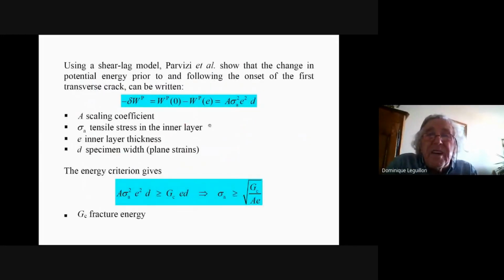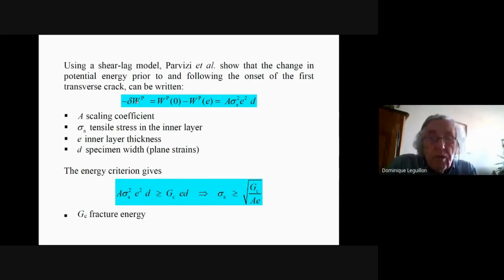To settle their energy model, Parvizi and co-workers were using a shear lag model, and they showed the change in potential energy between two states, no crack and one crack. We don't know how this crack grows, at which velocity, but no crack, one crack, okay? Before, it's quasi-static. Once the crack appears, it's also quasi-static.